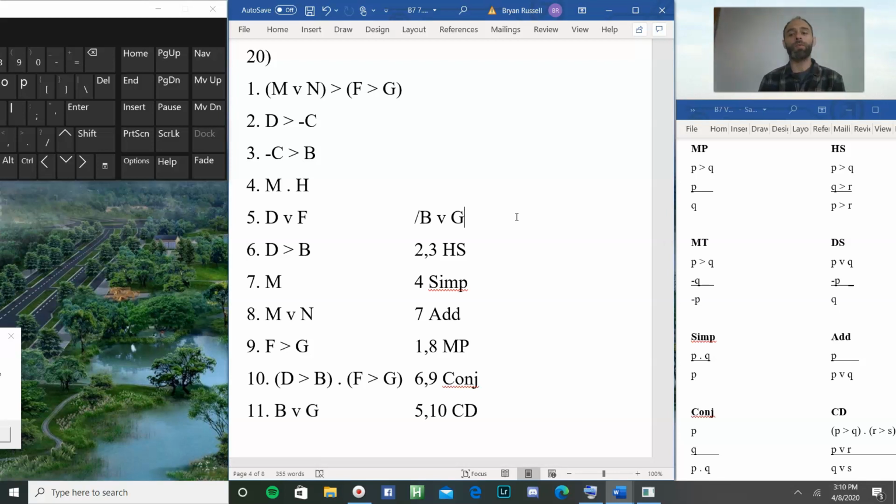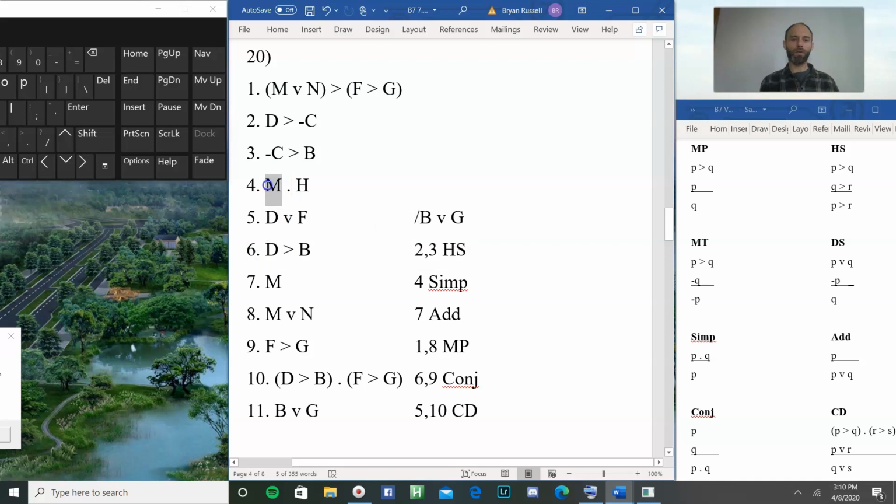If you're not staying up with this, I've got just a couple emails about proofs that have been difficult, or general questions about proofs. Maybe I should go over one of those right now. I got a question: does the order matter, or can there be multiple ways to do proofs? And the answer is no, the order doesn't matter. Yes, there can be multiple ways of doing proofs. For example, in number 20 here, I needn't have started with 2-3 hypothetical syllogism.